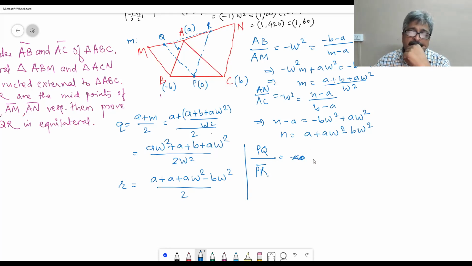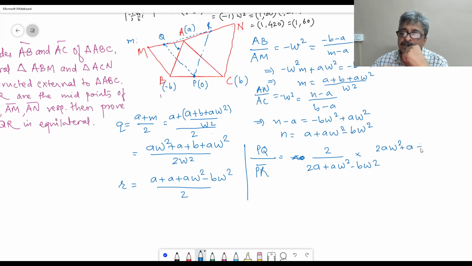So PR is 2A plus A omega square minus B omega square upon 2 into, PQ is 2A omega square plus A plus B upon 2 omega square.